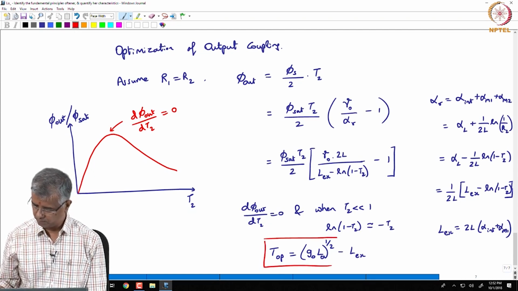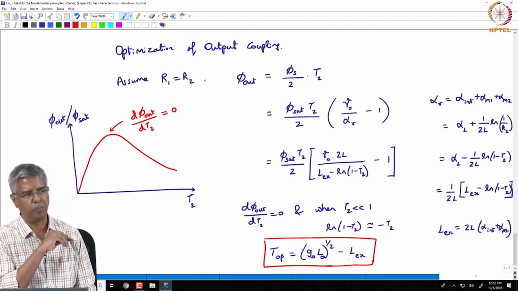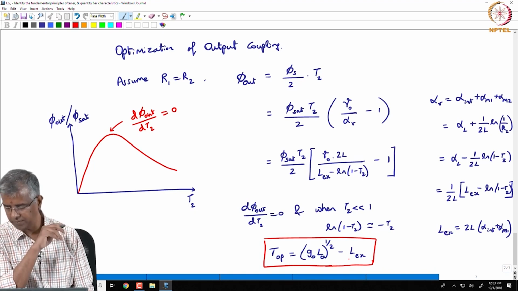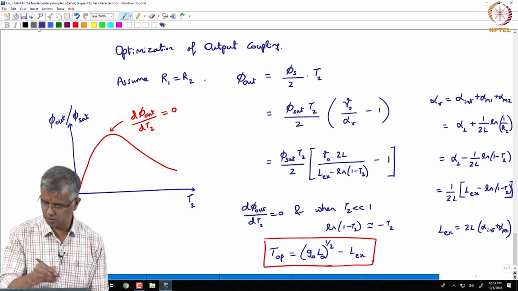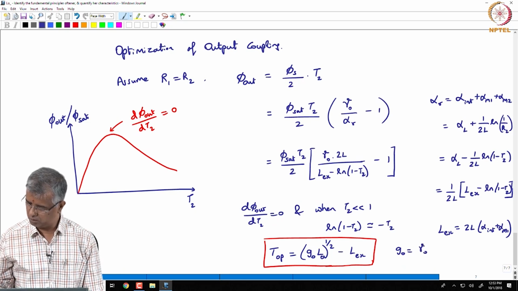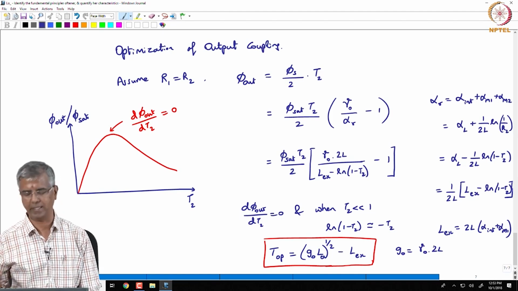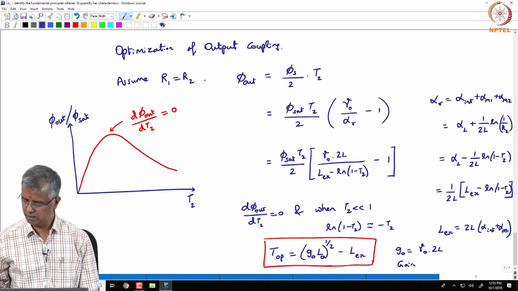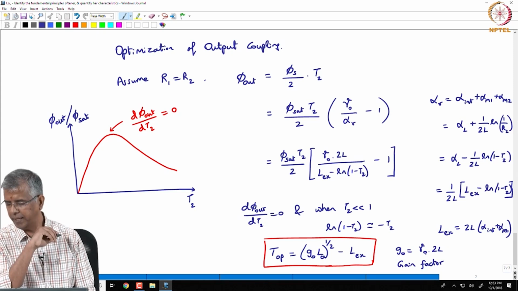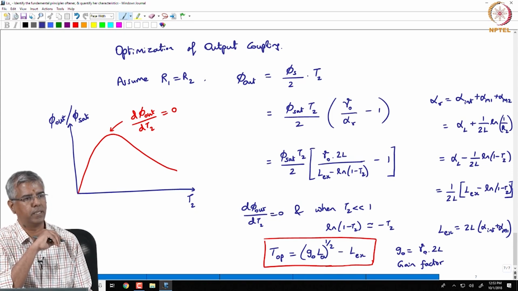So, this is what you get as the optimum transmission for this cavity. This cavity where I should also mention where G naught corresponds to gamma naught multiplied by 2L, right. That is the gain factor. This is the gain factor for our cavity, and Lx corresponds to the extra loss factor inside the cavity.